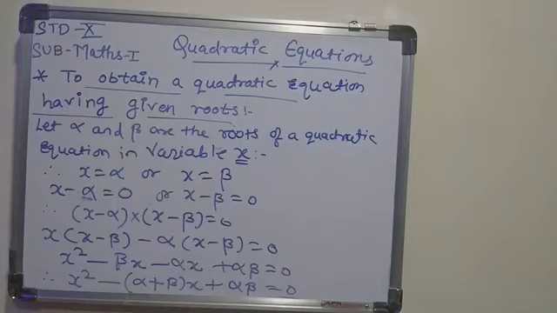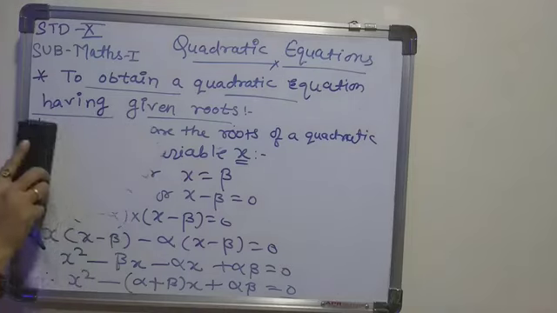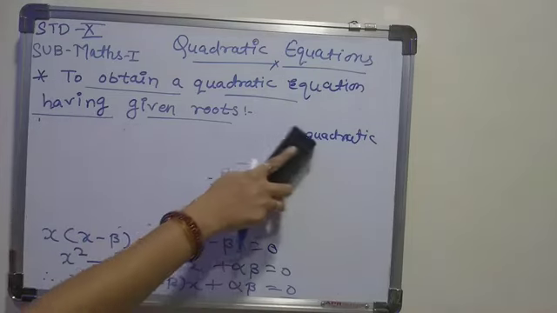Now let's just solve the sum based on this. The middle term is alpha plus beta and the third term is alpha into beta, where alpha and beta are the roots of quadratic equation.